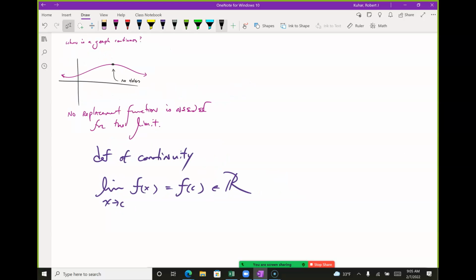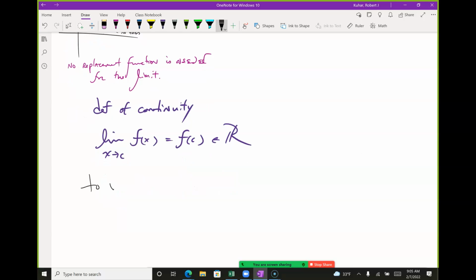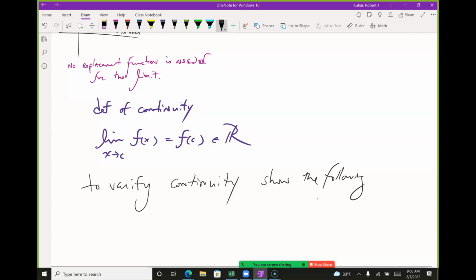So I better be able to demonstrate three things. To verify continuity, show the following. There are some good problems to do here in the book. I think I have a couple in WebAssign, but the ones that say the following functions are discontinuous, tell me why, you should go through this three-step process.